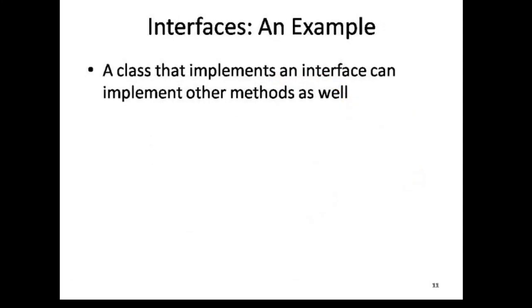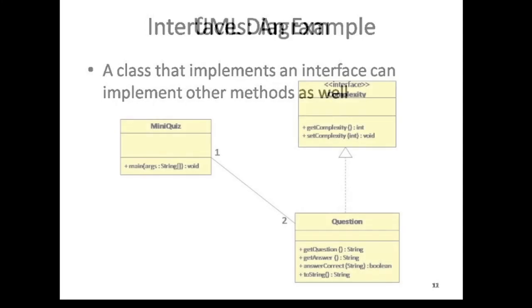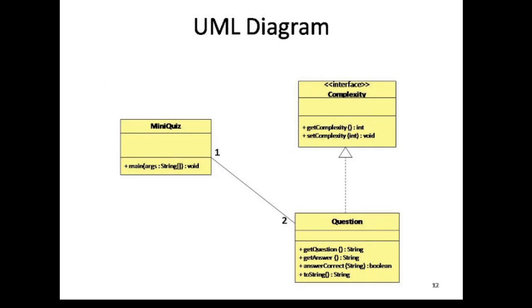Now an example of an interface can be a class that implements an interface and other methods as well. There is an interface known as complexity. It has two functions declared inside it: get complexity, which returns an integer, and set complexity, which returns nothing and accepts an integer. So these are basically the getter and setter methods of the Java class.